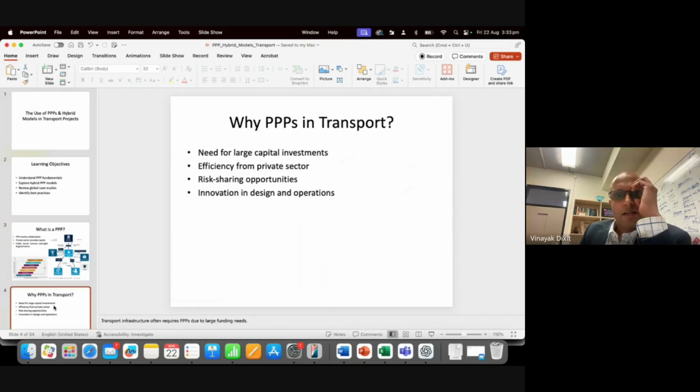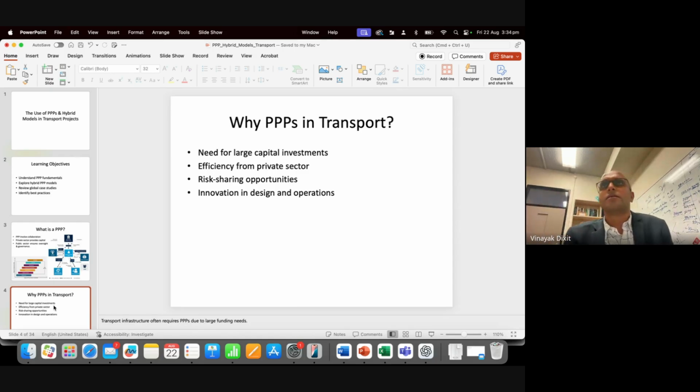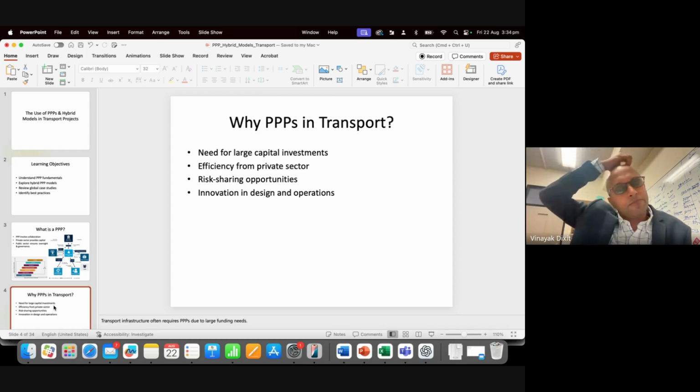So as we discussed, the reason why PPPs have been explored is for three reasons. One is large capital investments. When you have a large capital investment needed, but that capital might not be available immediately in the hands of the government, or is not likely to be recognized in the underlying budget.